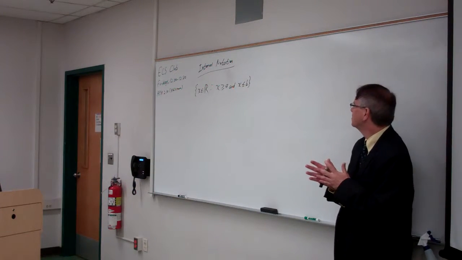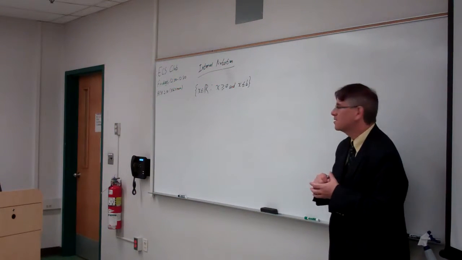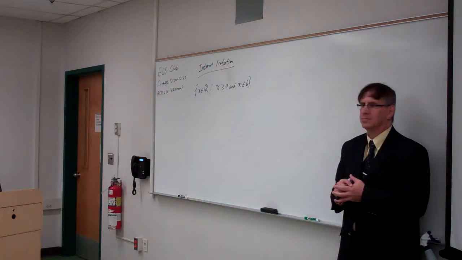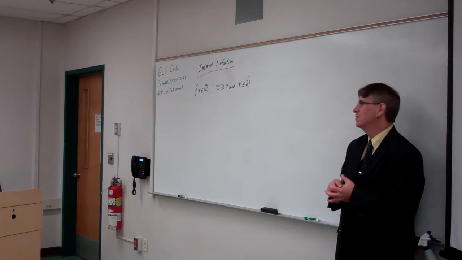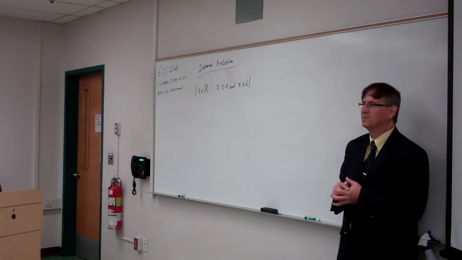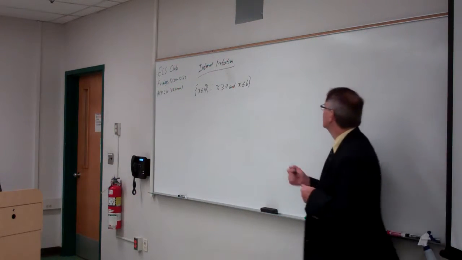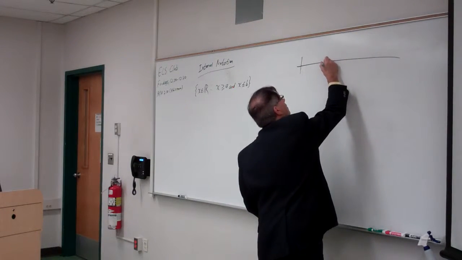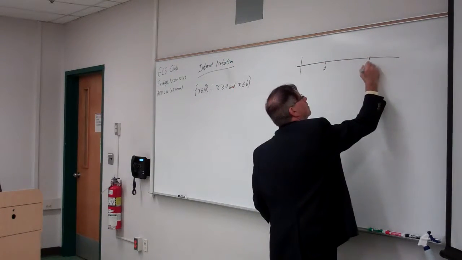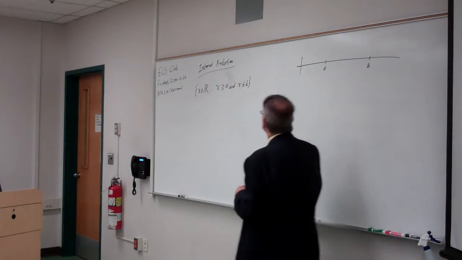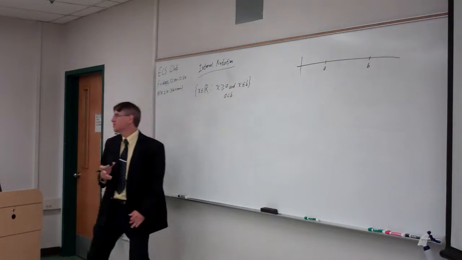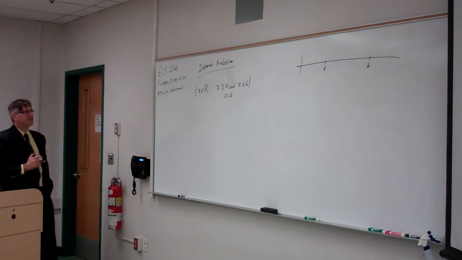A and B will definitely be in there, assuming that A is less than B and B is bigger than A. What about stuff in between A and B? So think of a number line. And let me say A is less than B so we don't deal with weird edge cases.